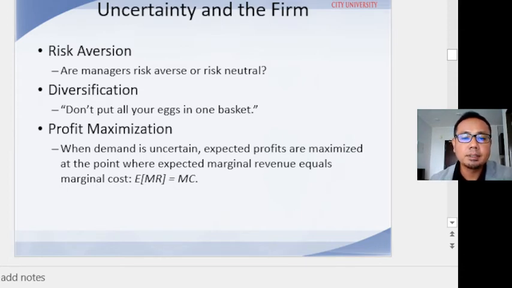For a manager to be willing to undertake a risky project, the project must offer a higher expected return than a comparable safe project. Just how much higher depends on the manager's particular risk preferences.